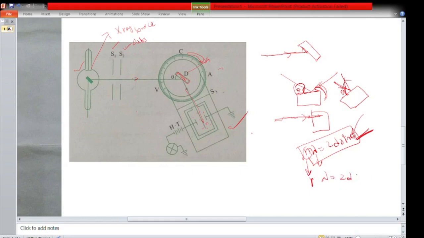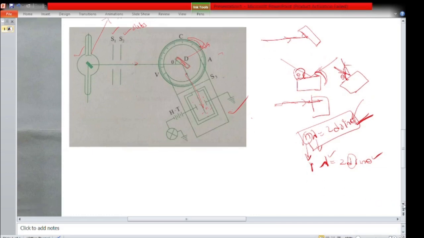Now you know theta. Theta is the angle at which you are sending your X-rays. You know what is lambda, that is your X-ray wavelength. So then you can find out what is d, the interplanar distance of that crystal. That is the method that we will use here. Obviously for n equal to 1 we will get this condition.